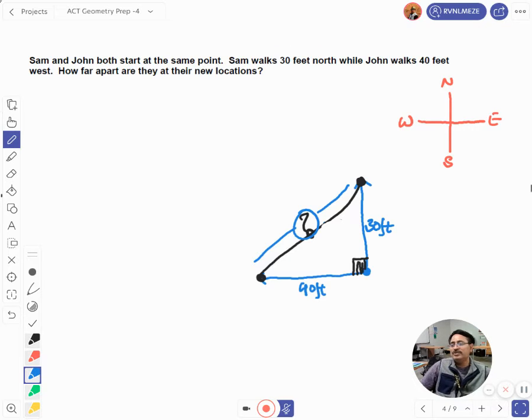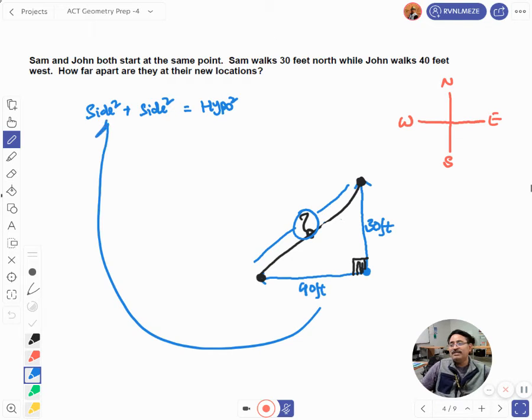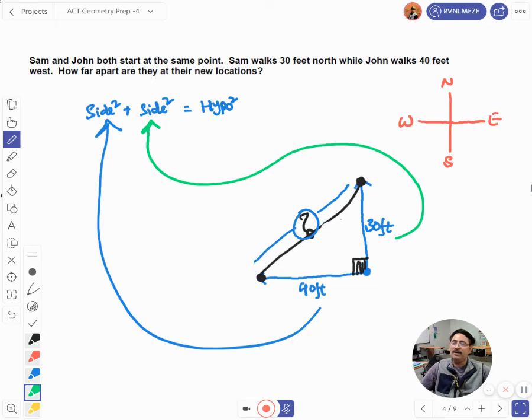Now, let's use the Pythagorean theorem, which is side square plus side square, or maybe leg square plus leg square equals hypotenuse square. So, one side is this one, and this is the second side. These two are to be plugged in here, and you have to compute what is the hypotenuse.